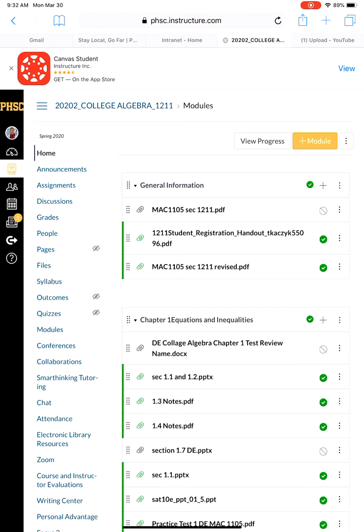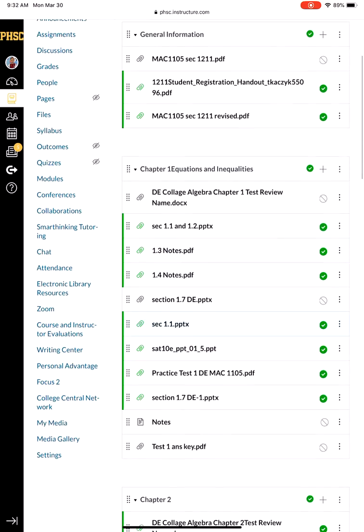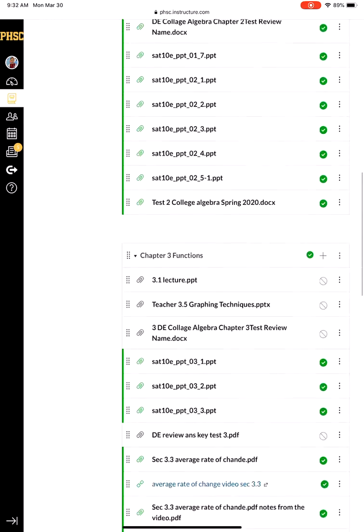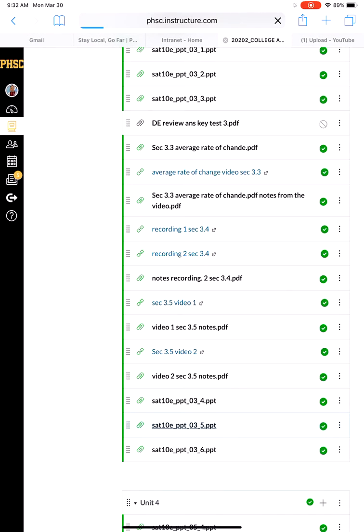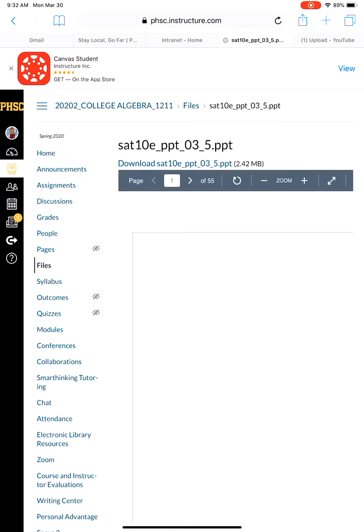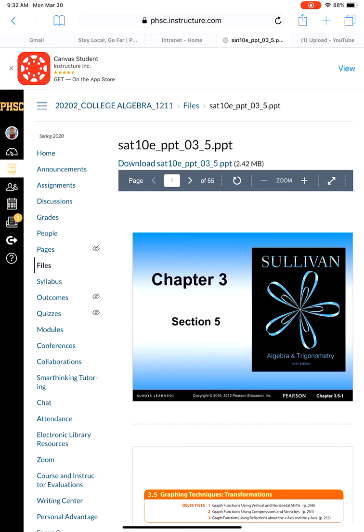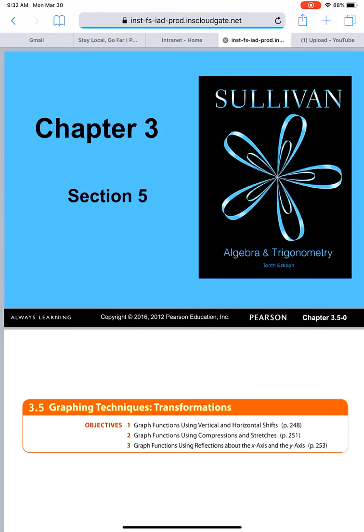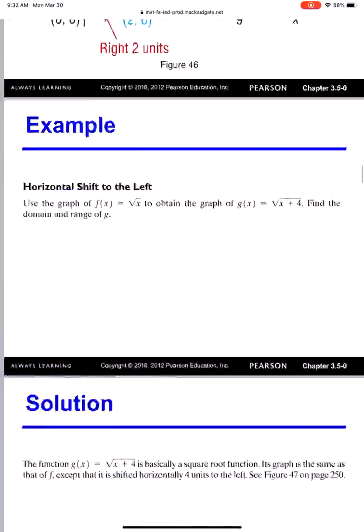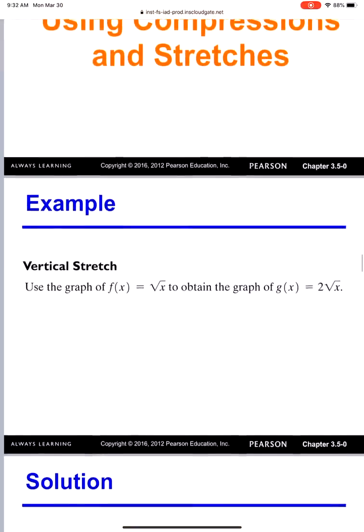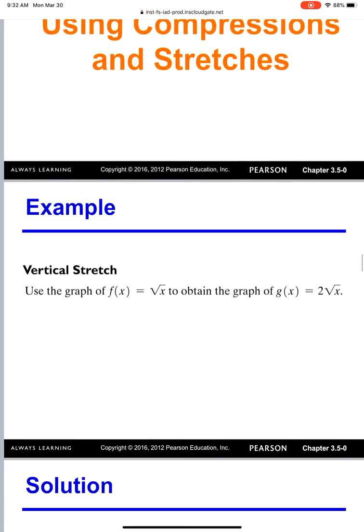Okay, so let me go back to that PowerPoint. This is still section 3.5. Where is that PowerPoint? Right here, so we can see it better. Okay, and the last slides have the horizontal graph function using compression and stretch.